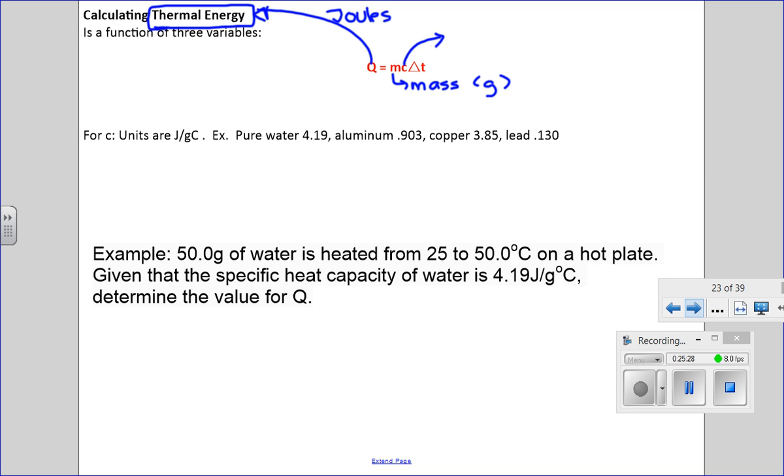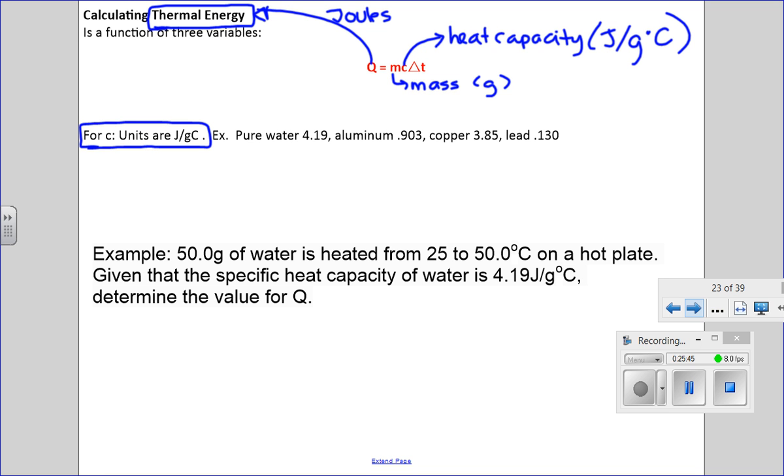This little letter c is heat capacity. And the units are joules per gram degree Celsius, and I'll just write that up here. Because heat capacity is based on grams, our mass has to be in grams as well.